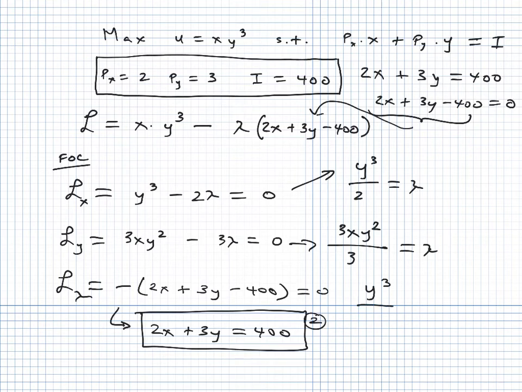I'll have y cubed over 2 equal to 3xy squared over 3. I'm going to do a little bit of additional algebra work on this, and when I do that, notice we get some cancellation here, and I can get y cubed over xy squared equal to 2 over 1.